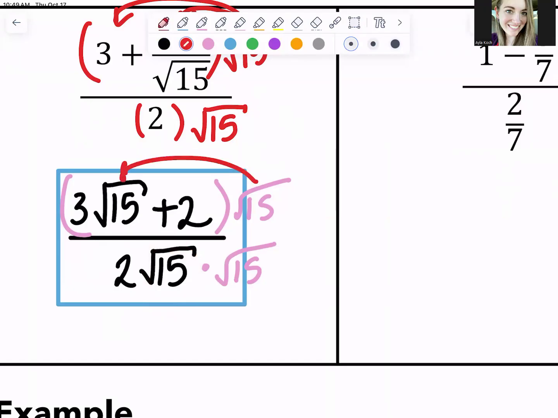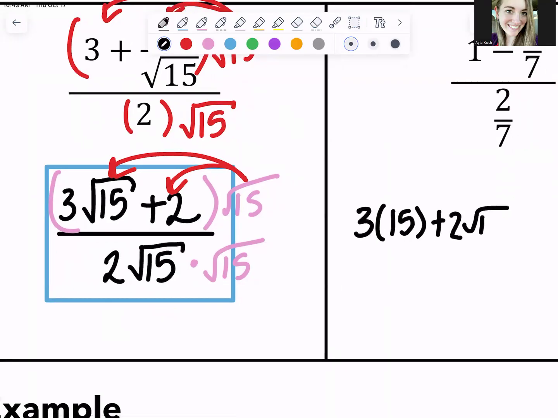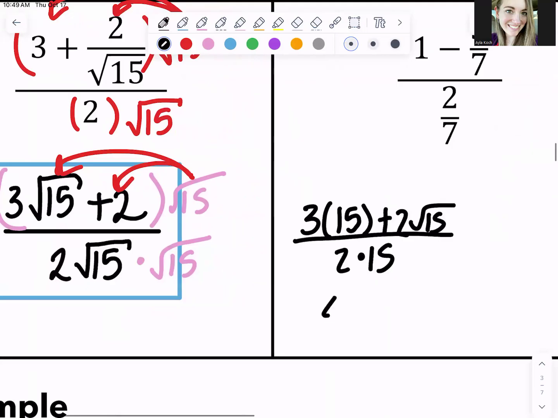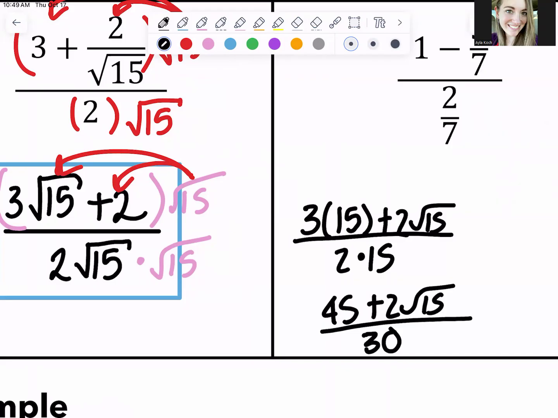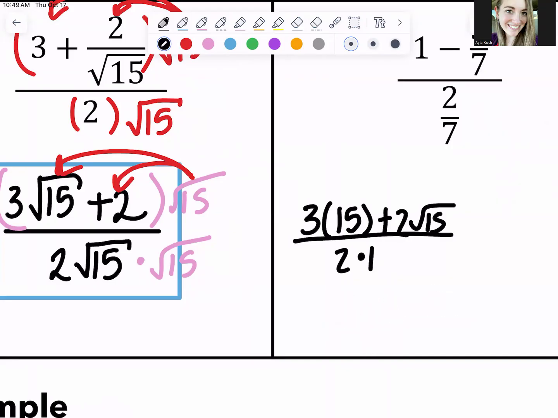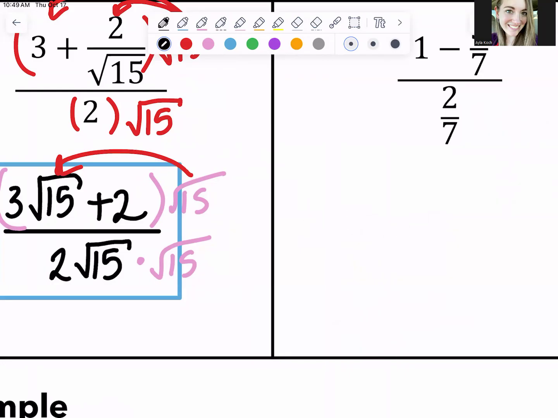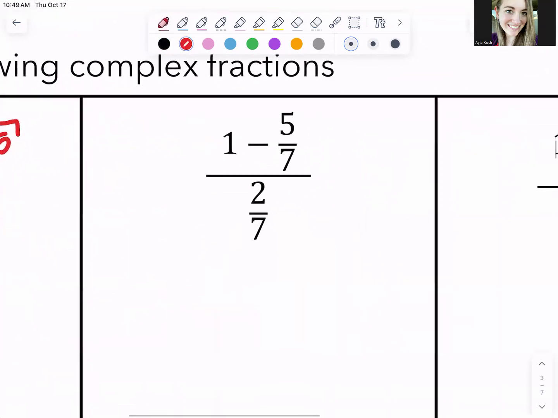You would end up with 3 square root 15 times square root 15, which is just 15, plus 2 square root 15, all over 2 times 15. So you would have 45 plus 2 square root 15 over 30. If you were curious. I'm going to undo all that now. You're welcome. And if you fast forwarded through all that, that's awesome. I'm only doing that once for my own happiness.